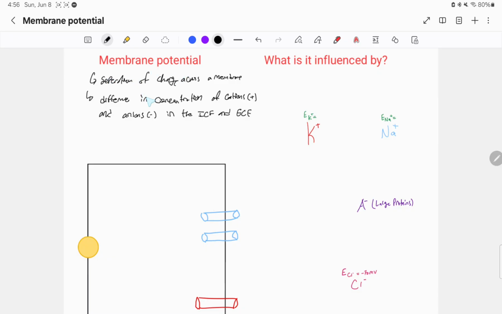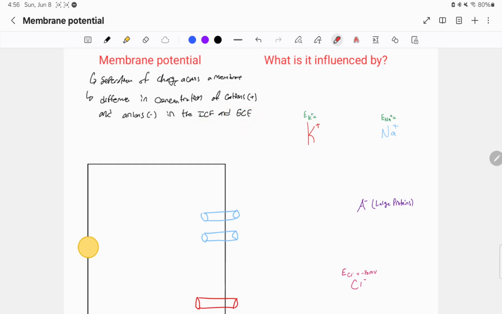So the membrane potential is not only the separation of charges across a membrane, but we can define it as a difference in the concentration of positive and negative charges in the ICF and the ECF. Again, ICF being intracellular, ECF being extracellular fluid.